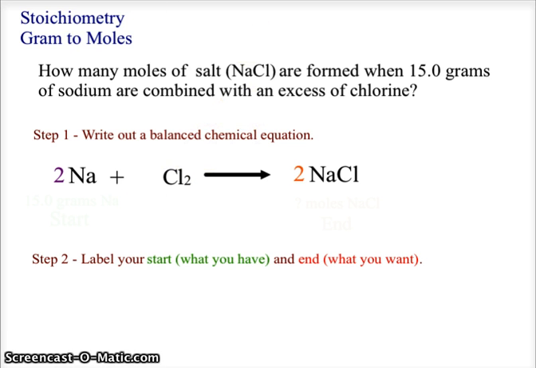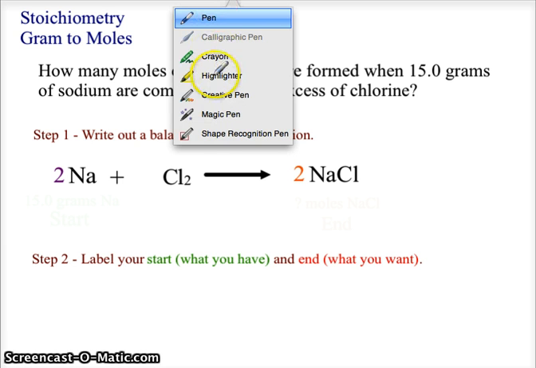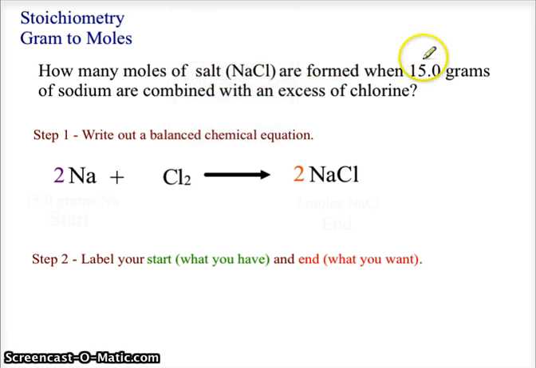Now from our reading of the problem, we see that we have a situation where we have 15 grams of sodium at the start. So that is our starting point for this problem. So 15 grams of sodium is our start.